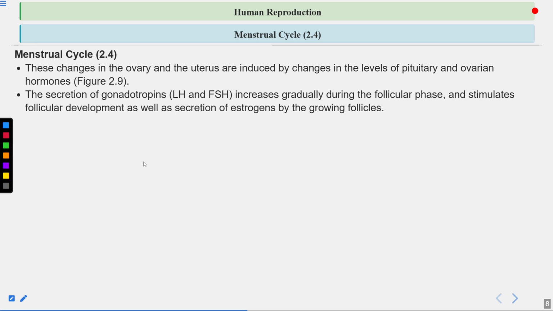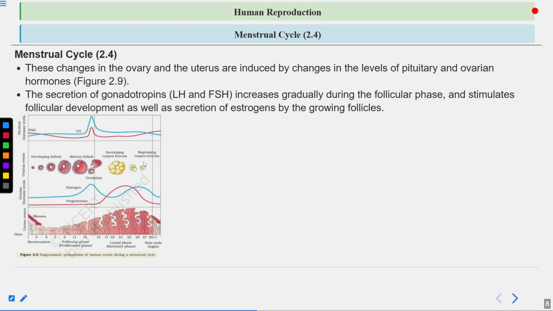Okay. Now the secretion of gonadotrophins. What are gonadotrophins? LH and FSH. This increases gradually during the follicular phase, as we have seen in the figure, and stimulates follicular development as well as secretion of the estrogen by the growing follicles. So you can see here the FSH and LH are released from the anterior pituitary.